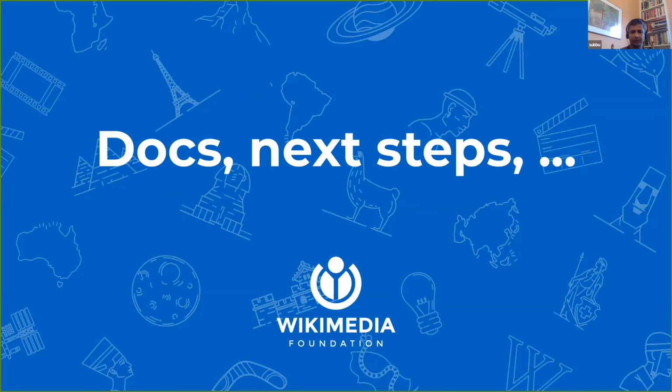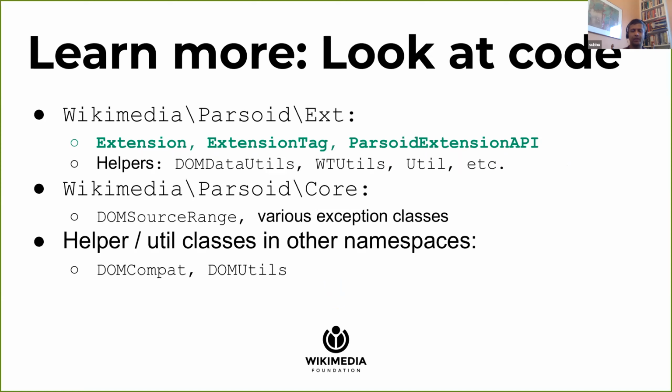So in terms of next steps and documentation, I think one best way to do it is to look at the code. The Wikimedia Parsoid Ext namespace has these three classes: Extension, ExtensionTag, and ParsoidExtensionAPI.